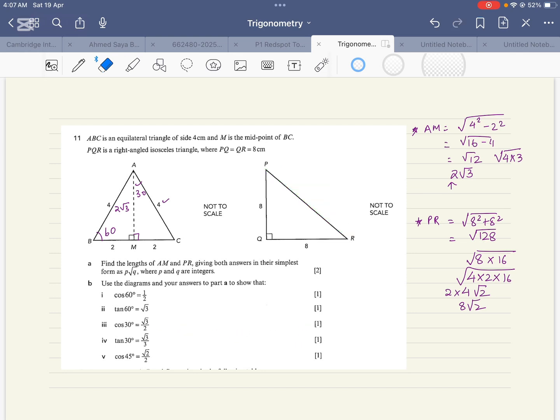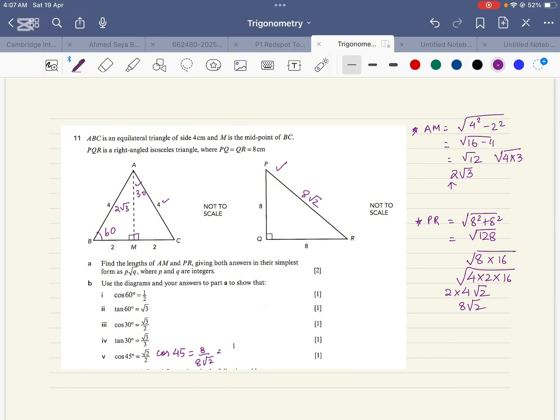For cos 45, we are going to use this triangle PQR. This side is 8 root 2. So when we are finding out cos 45, cos 45 is equal to base upon hypotenuse.